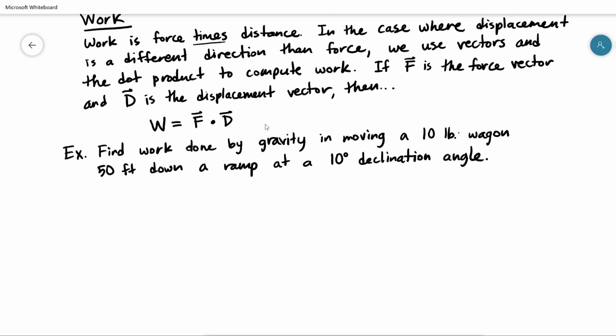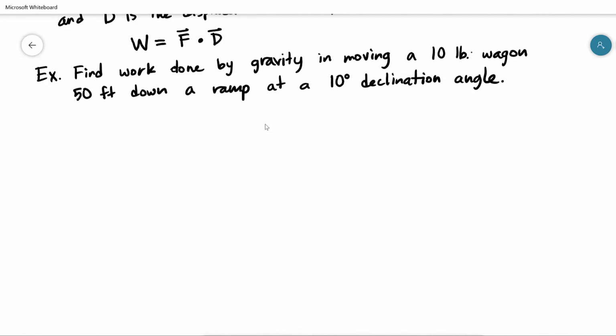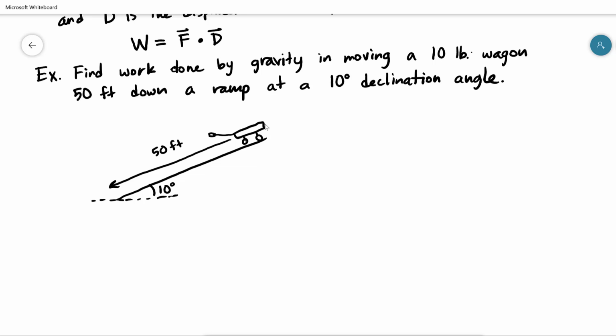So basically here is the hypothetical ground. This thing is 10 degrees and our wagon is going this direction 50 feet.